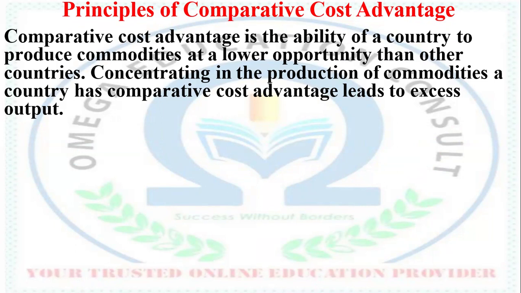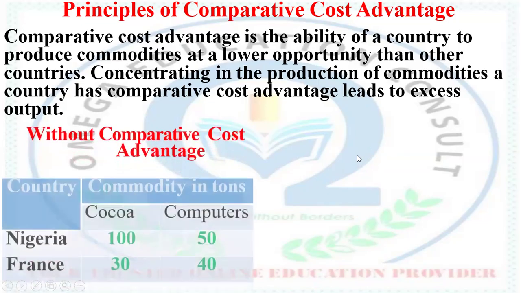And for that matter, countries should concentrate in the production of those commodities that they can produce, but at a lower opportunity cost. When they concentrate in the production of these products that give them lower opportunity costs, they will be able to produce in excess and then sell to other countries. So let's use the table below to further explain.